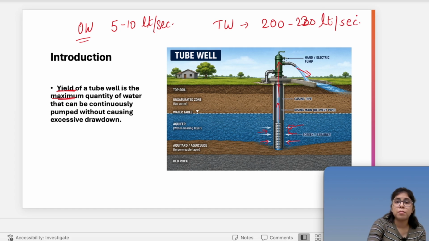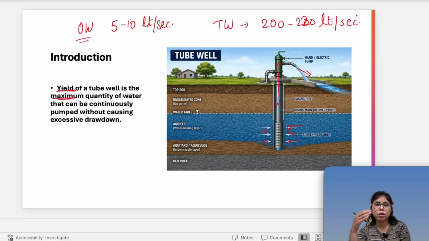It's almost 20 times what we are getting from an open well. So tube well discharge is much more in comparison to open well.